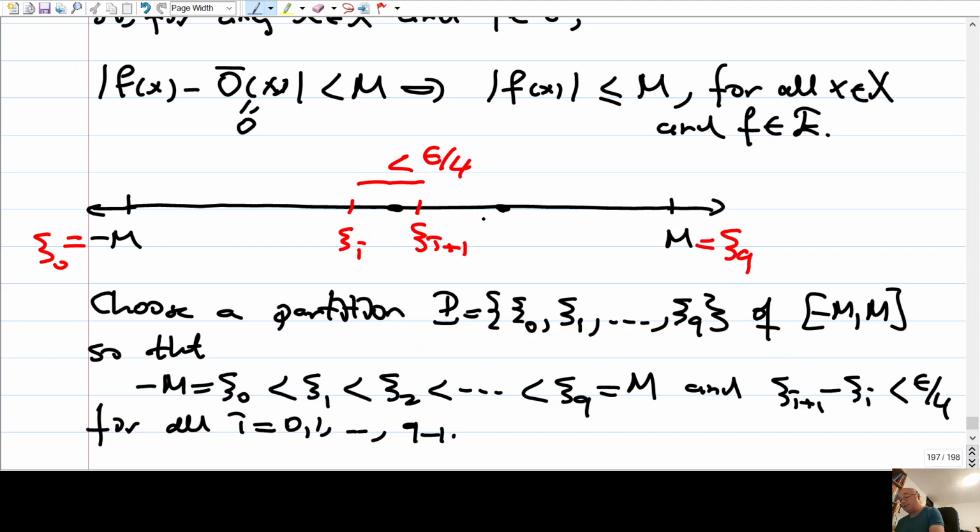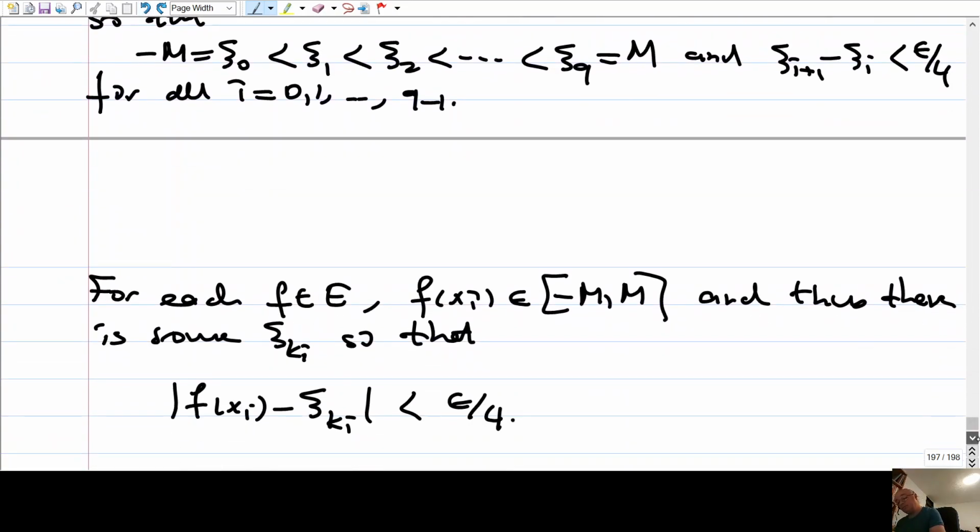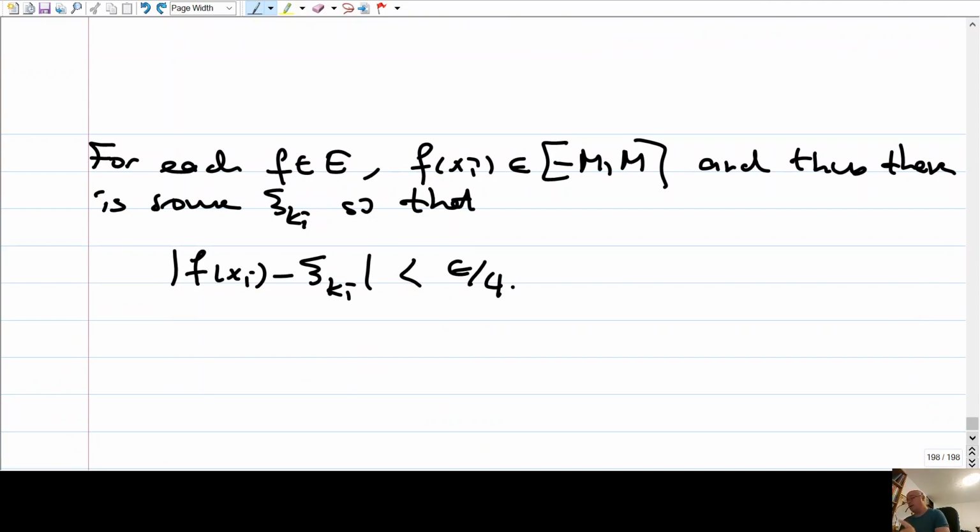If it is here, the distance between f of xi and this ci, I can choose, for example, in this case, ki to be i or i plus 1, or if it is here, ki can be chosen as i plus 2. Okay, all right.